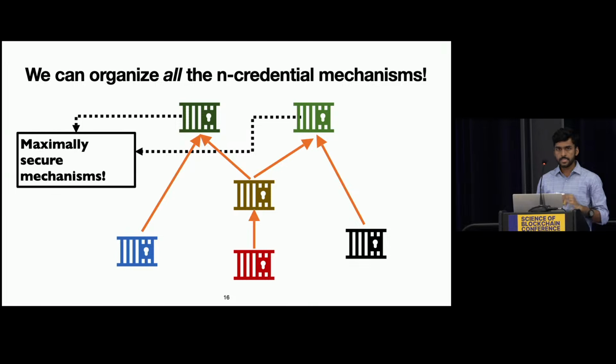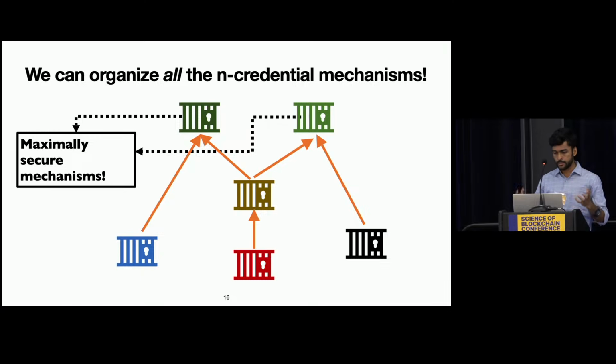What's interesting about this graph are the mechanisms that sit at the very top. These are mechanisms that we refer to as maximally secure mechanisms because by definition, there's no other mechanism sitting on top of these. There's no other mechanism that is more secure than them.